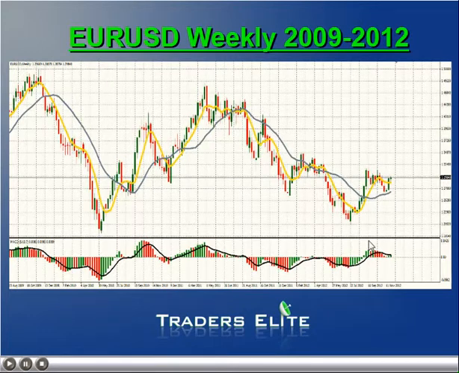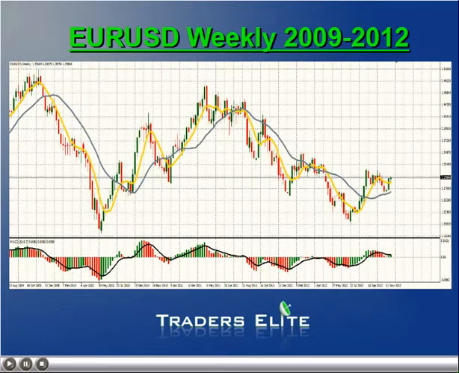It did fade a little bit, and as we can see here on this MACD, right here we've got a green appearing, which indicates to us an upswing, and that's an upswing as part of an overall upward trend. So that's really interesting, considering the amount of people that have been shorting the euro.